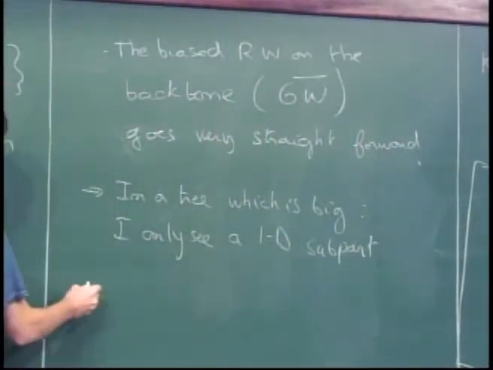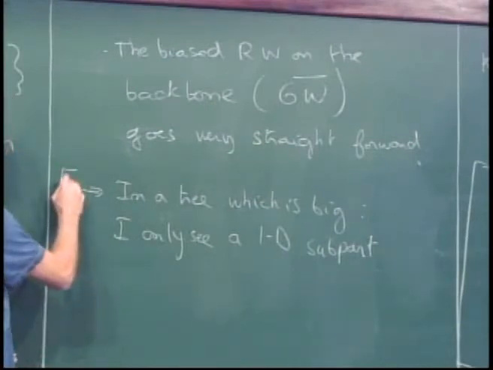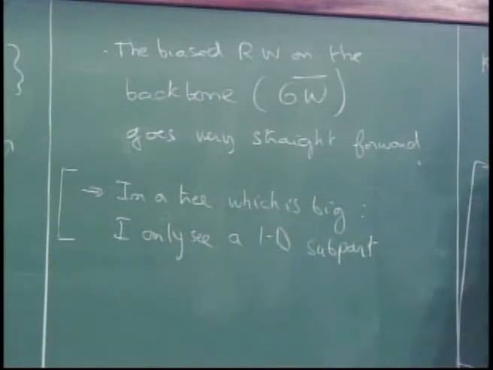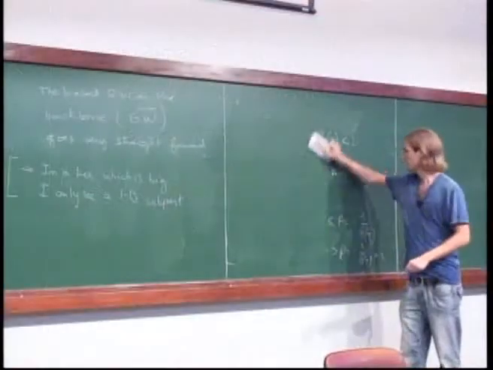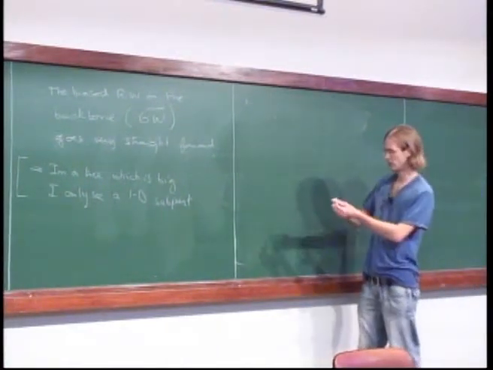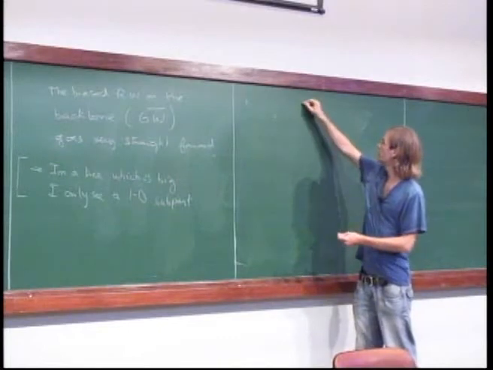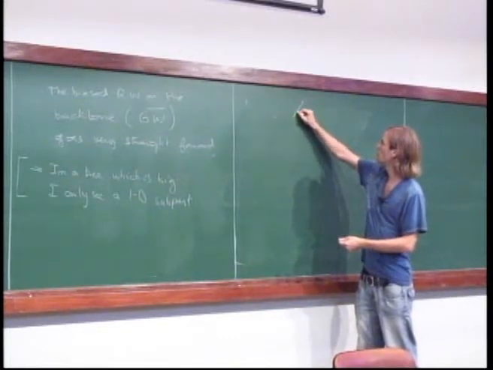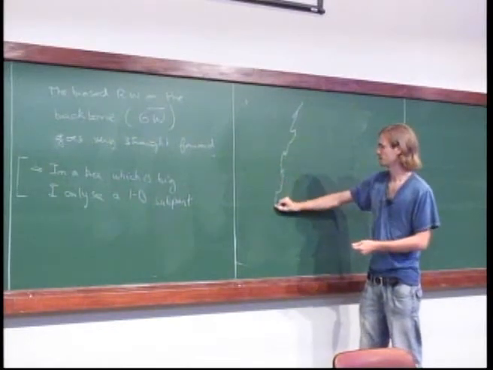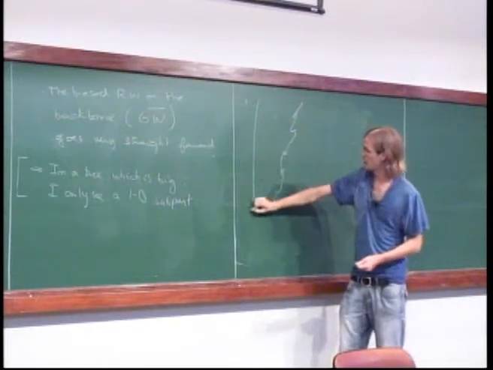Also, because of this, you can explain why the traps can be viewed as points. So let's say this is the trajectory of my walk along the tree. It looks something like this, very one-dimensional. And I want to go to distance n.